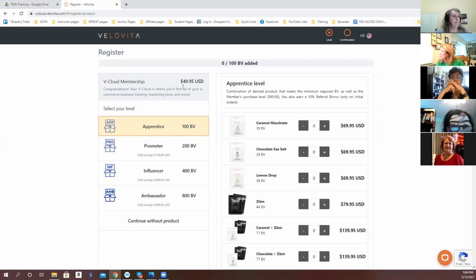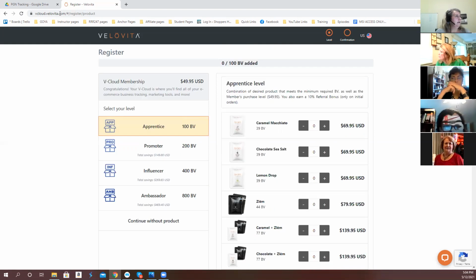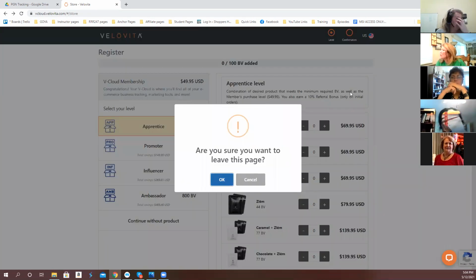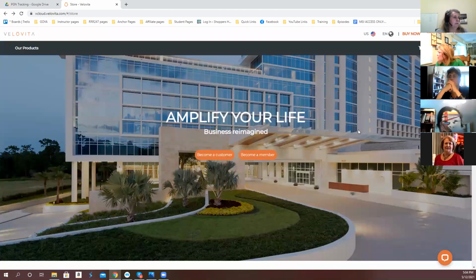Or go to your dashboard where it says become a member.